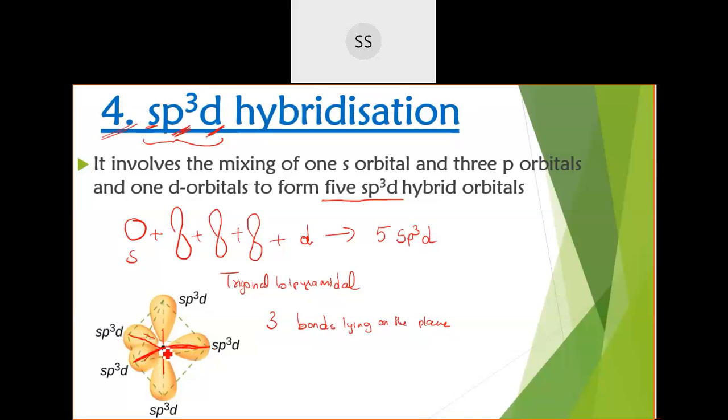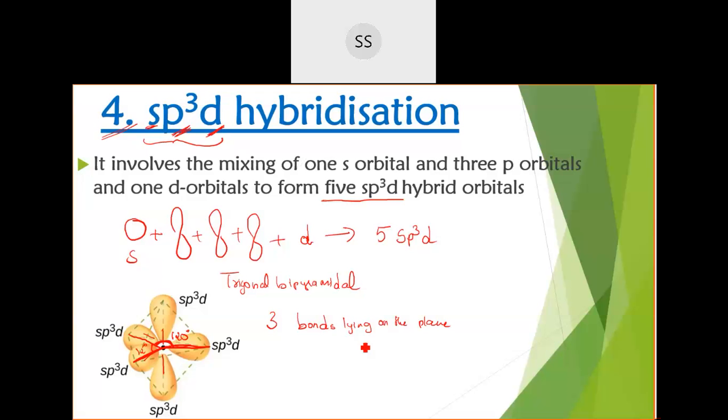The angle between these bonds is going to be 120 degree each on the plane. The full angle is 360 degree, correct? There are 3 bonds, so each bond angle will be 120 degree, 120 degree here, then 120 degree here, and 120 degree on this side.